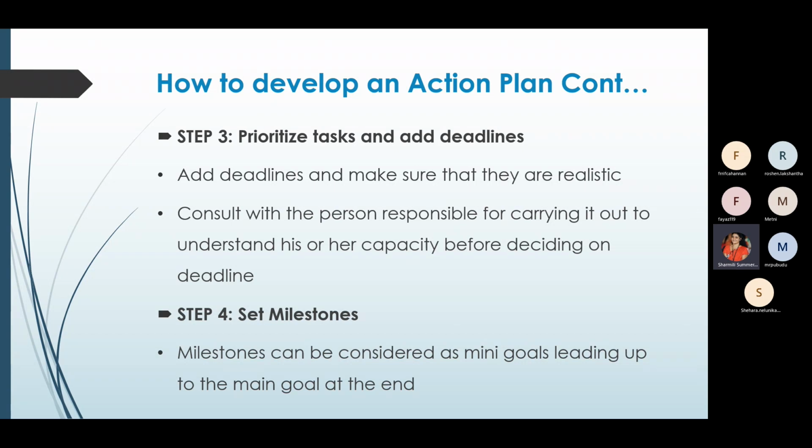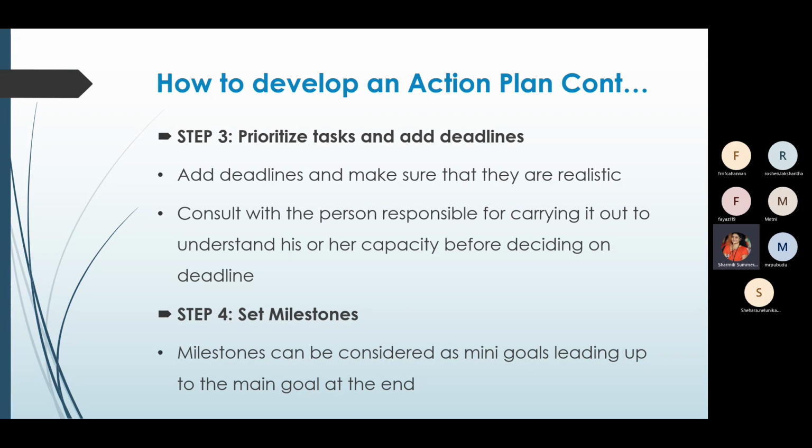Because the capacity of each and every person is different. So before imposing any deadlines, you need to explore each and every one regarding their capacity, and whether, although they put in their effort, the time duration is okay to achieve or not. So you need to think of all the dimensions and incorporate this deadline. So that is your third step.